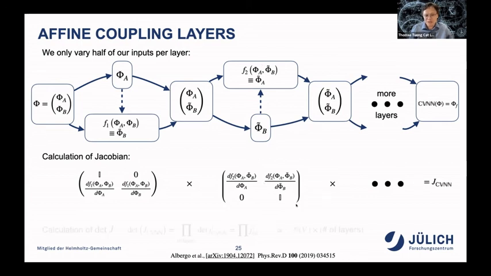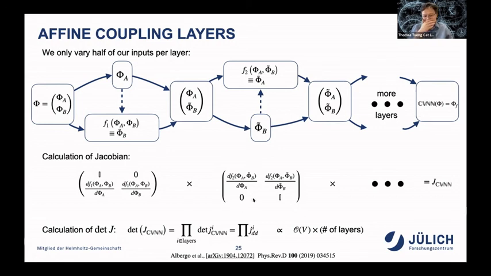When we try to calculate the determinant of J, because they're triangular, what we find in the end is it's just a product of the diagonal elements of all these triangular matrices. What we have then is a calculation that is order volume times the number of layers that we use. Again, this was inspired by work that we heard about yesterday.